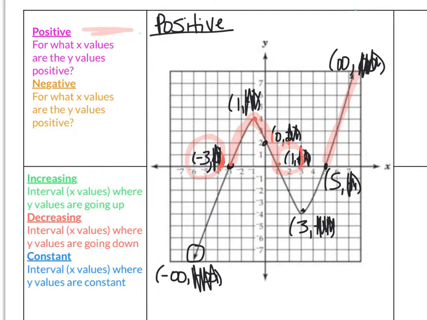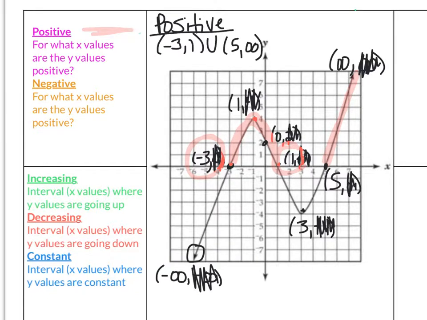So positive is going to be parentheses -3, comma, 1. And I have another interval here that I also need to notate, and that starts at 5 and goes to infinity. So union 5 to infinity.